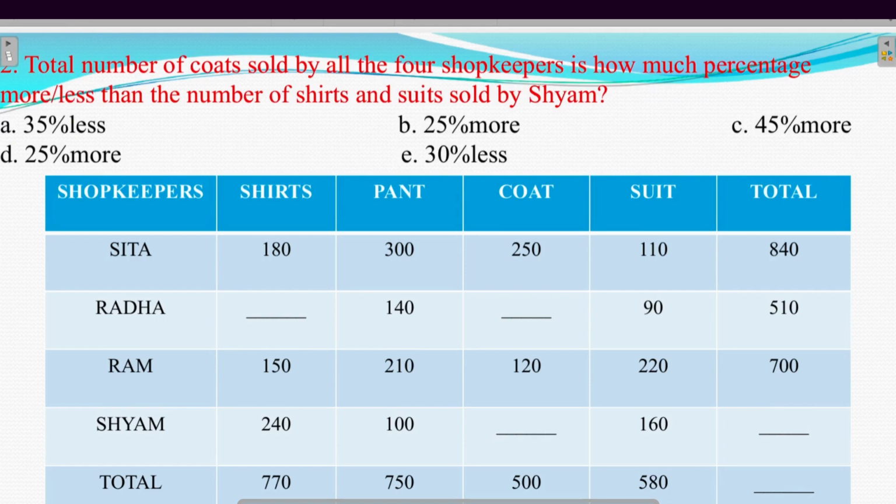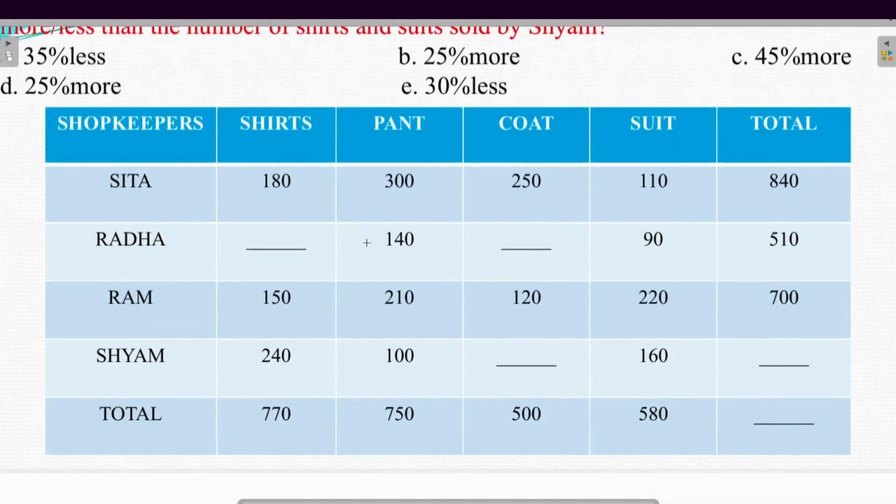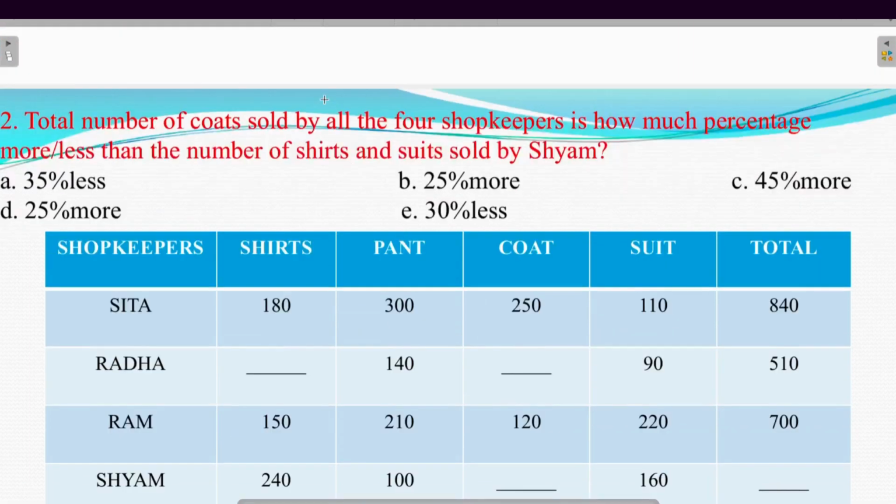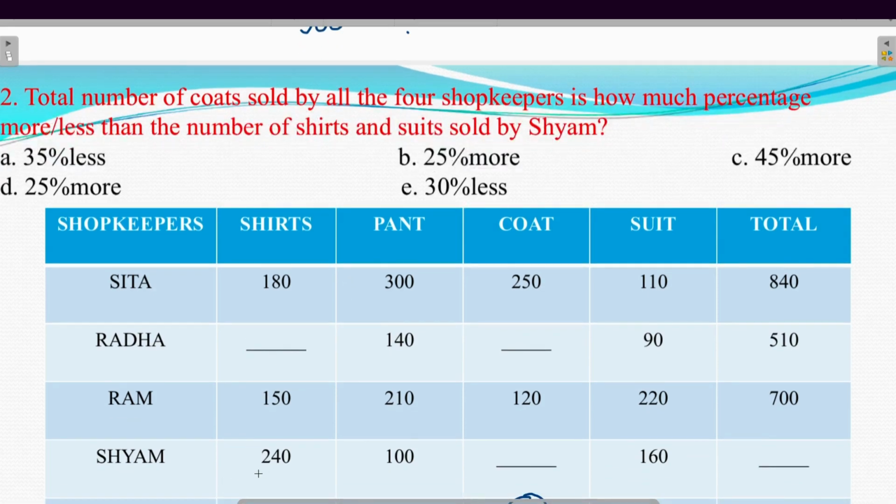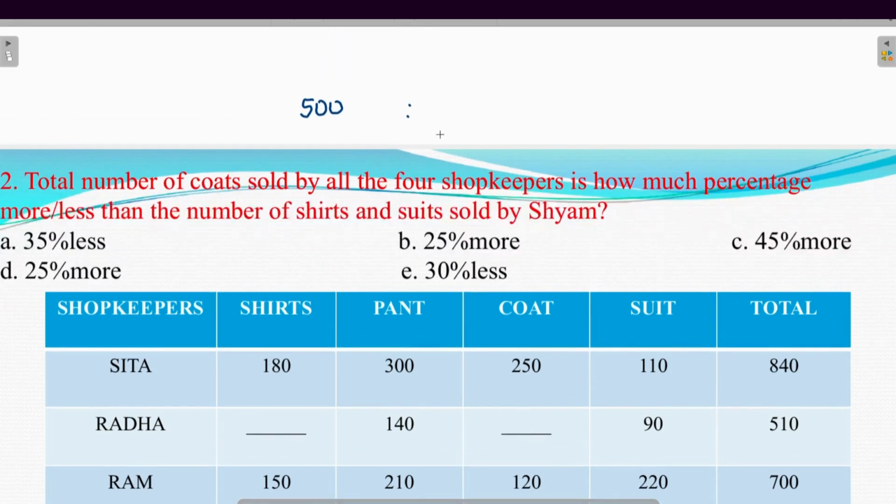Next question. Total number of coats sold by all the 4 shopkeepers. All the 4 shopkeepers sold total 500 coats. And how much percentage more or less than the shirts and suits sold by Sham? Shirts sold by Sham will be 240. Suits sold by Sham, 160. Shirts and suits, 240 and 160, is 400.